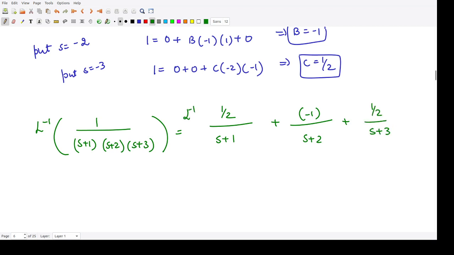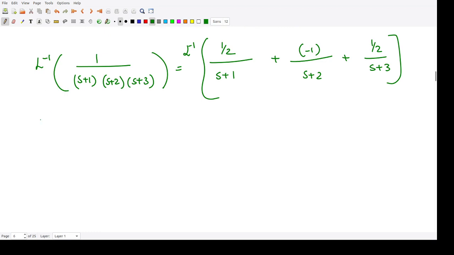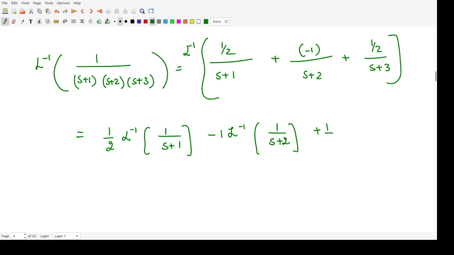So that means you have to calculate the Laplace inverse of this quantity. Now this is very simple because this is a linear operator, so we can just separate out the terms and take the constants outside. So it would be 1 by 2 Laplace inverse of 1 divided by s plus 1, and then minus 1 Laplace inverse of 1 divided by s plus 2, and then plus 1 by 2 the Laplace inverse of 1 divided by s plus 3.